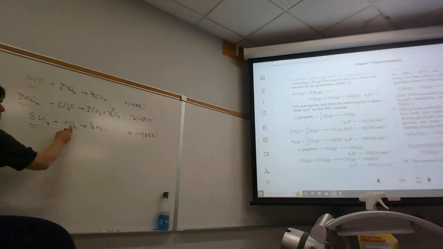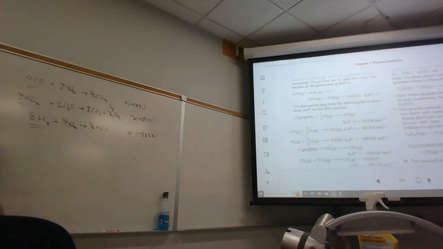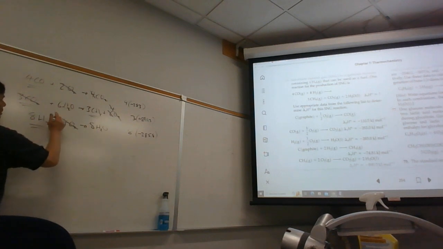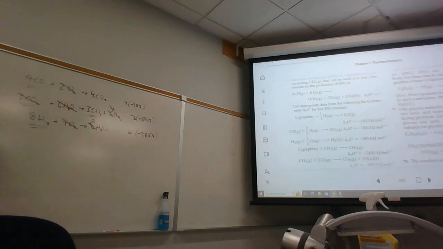If I look at my O2s, take a look at what happened to my O2s. Do you see the 4 O2s here? The 4 O2s here cancel the 4 O2s there. And then let's take a look at the water. I want the 3 CH4s there. I have 6 waters here that cancel out 6 here and leave me with 2 waters. And so do you see what happened here?